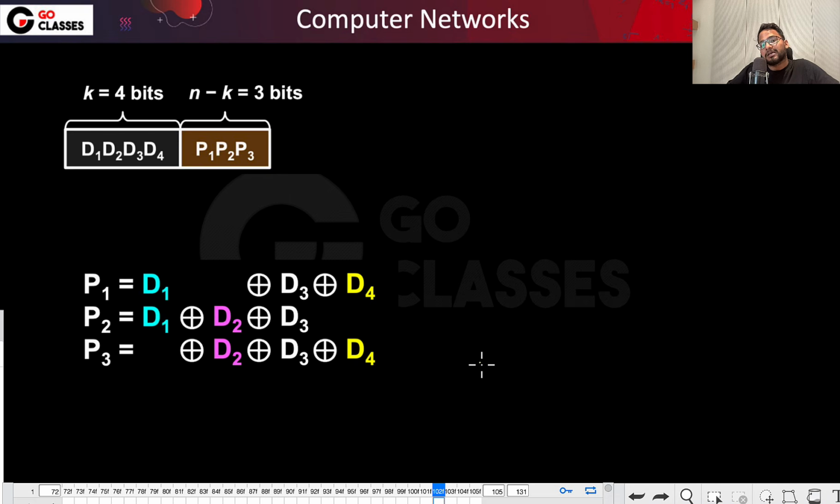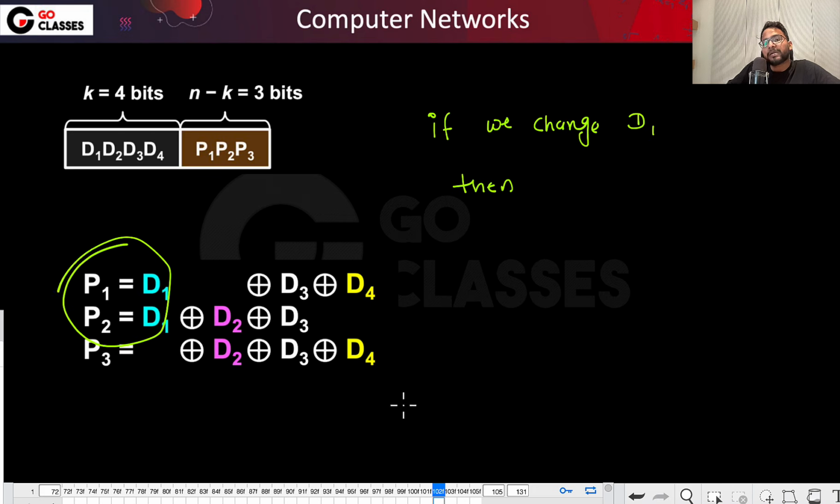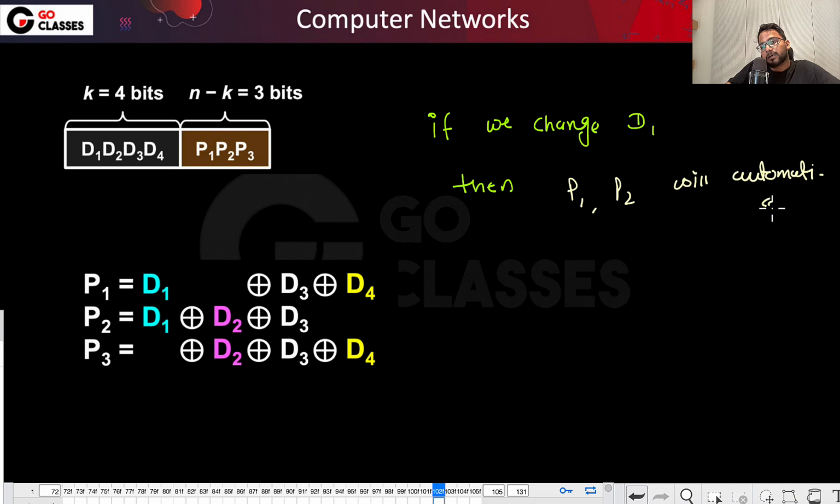Then even if you change 1 bit, let's suppose you're changing D1, then P1 and P2 will automatically get changed, because P1 and P2 both contain D1.